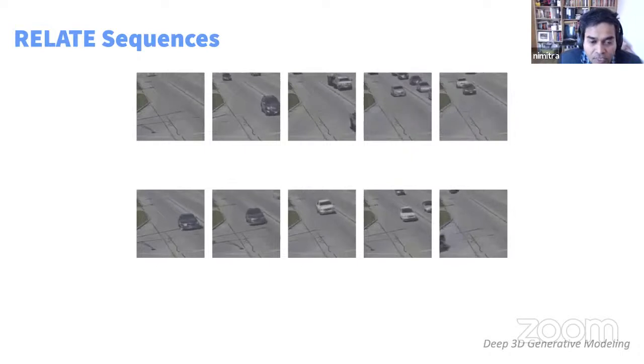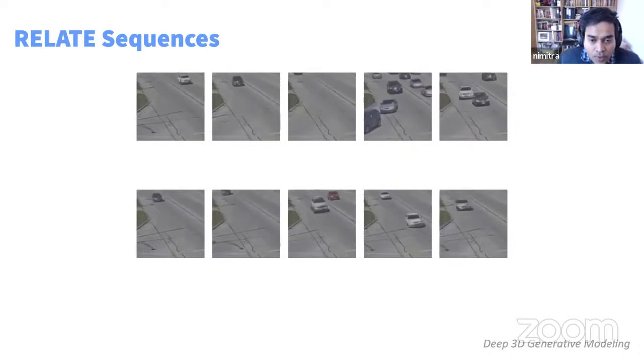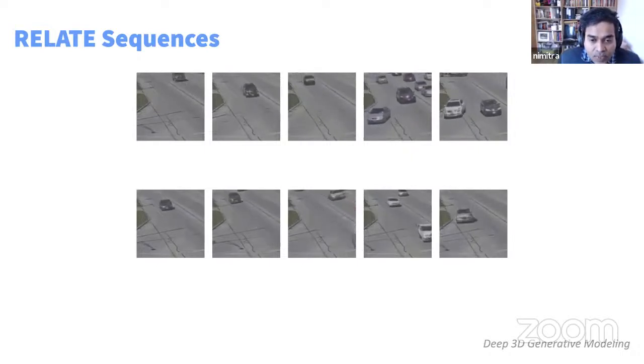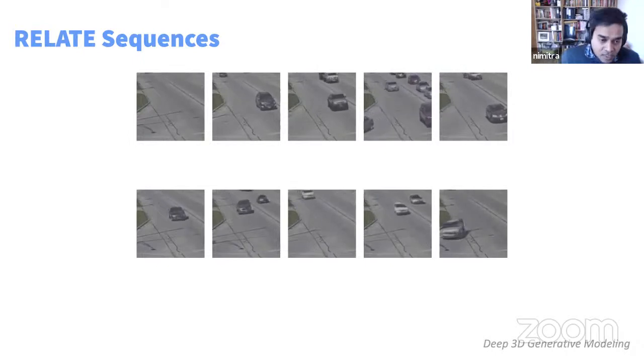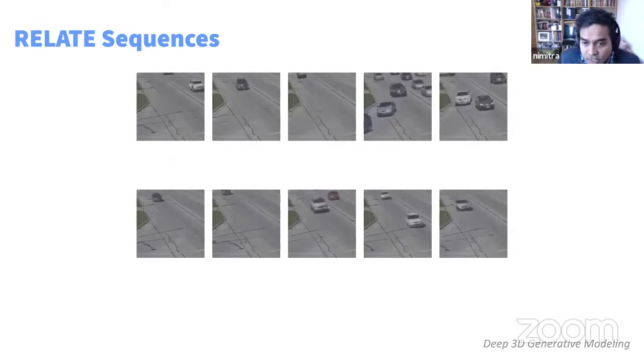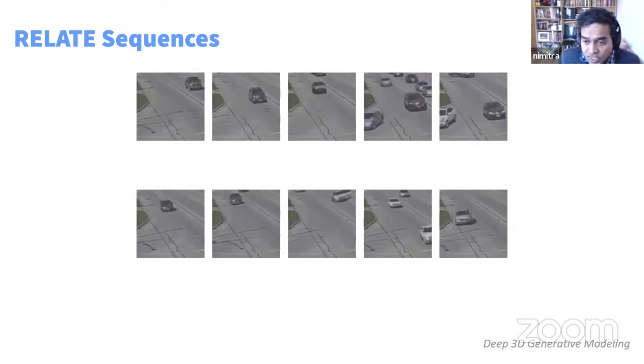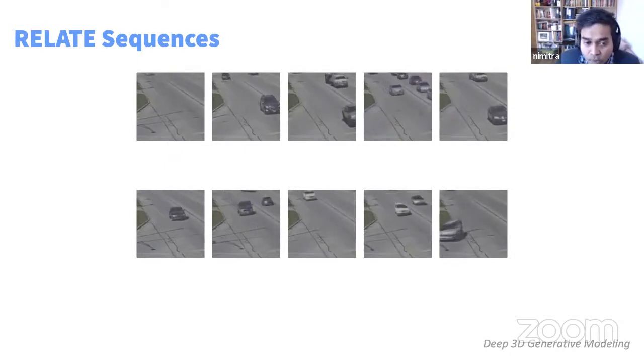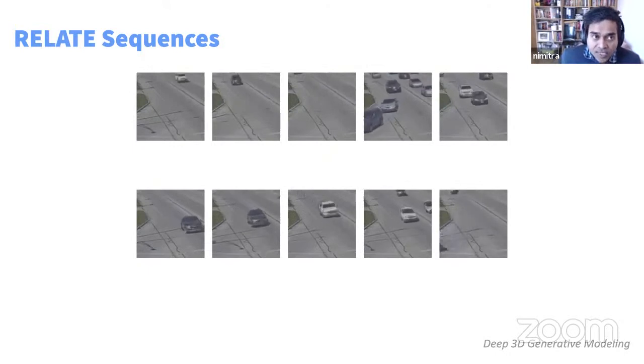And here you see the synthesis results, where we can now extrapolate sequences, change the speed of the cars. Some of the cars, the fourth row, you would see that the car is rotating. Sorry, the last column, you see the white car is rotating into the side street.